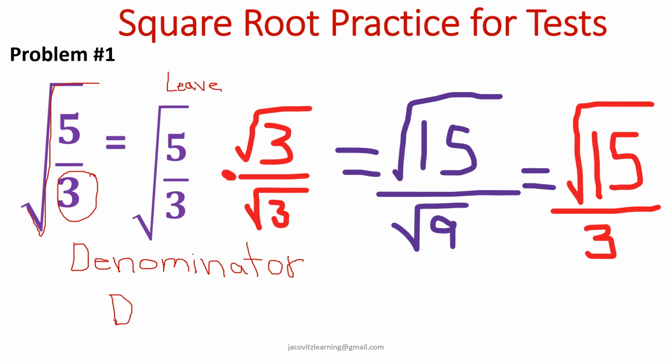When you divide both sides by the square root of 3, this is the square root of 5 times the square root of 3, which is the square root of 15. And what is this here? The square root of 3 times the square root of 3. Put them all back under the same sign, and you get the square root of 9.